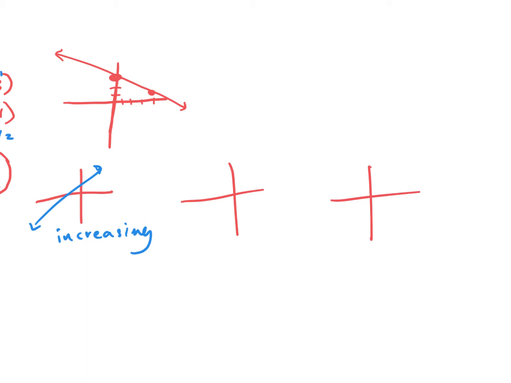What if I had a vertical line? What type of slope would this line have? Undefined. Awesome, undefined. What about a horizontal line? 0.